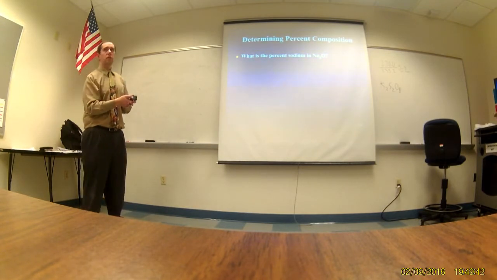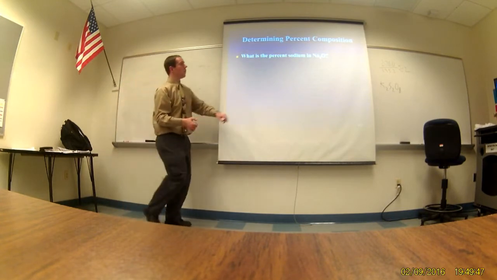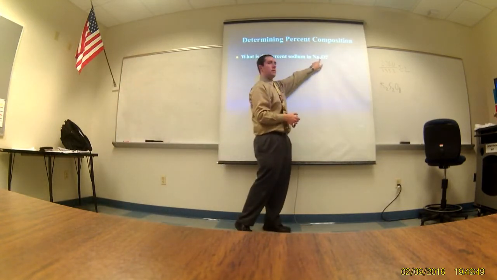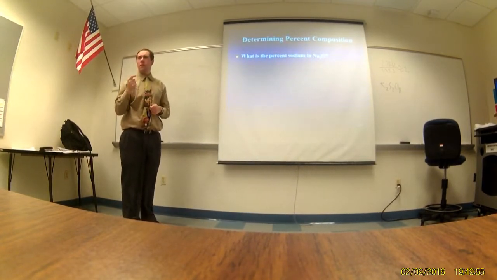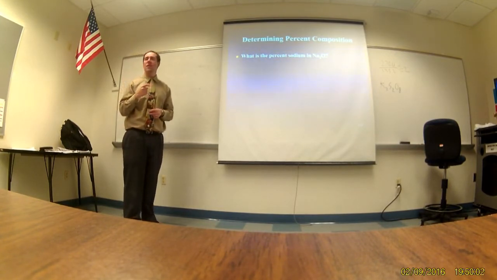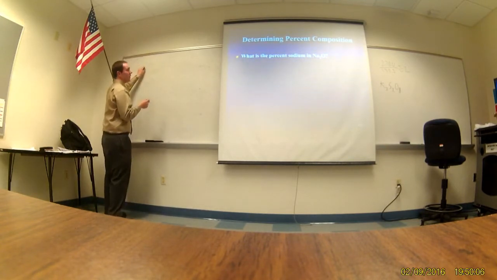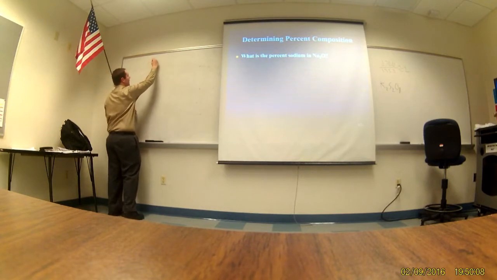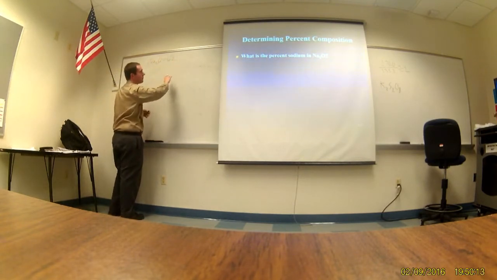What is the molar mass of sodium oxide? That's what you're asking right now. 61.98, 62. It is 62. So Na2O is 62? Yeah.